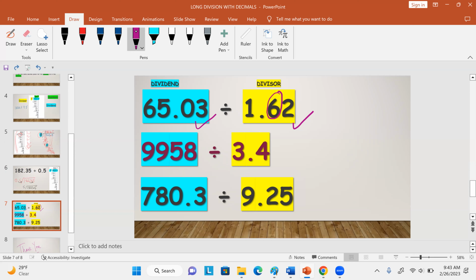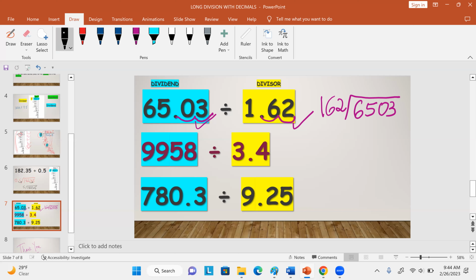Therefore, we're gonna move the decimal 2 times. So 1, 2. For that, we move the decimal 2 times also for the dividend. 1, 2. Okay, so the operation becomes this. You're gonna have 65.03 without decimal divided by 162 without decimal.